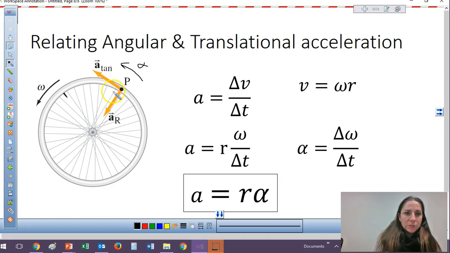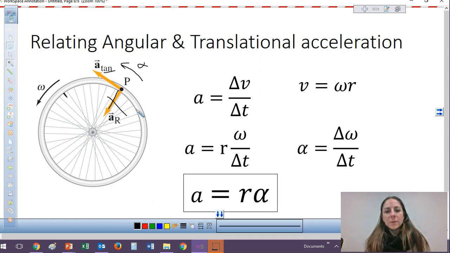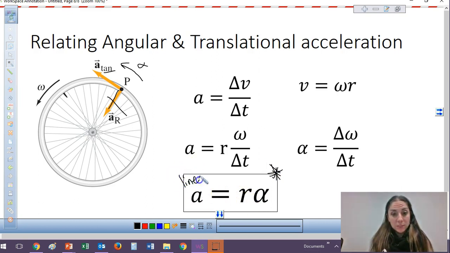Don't worry about these two components. Actually, this r right here that we're measuring will be the tangential one. We're not going to look at the radial one. But anyway, point being, this is the most important point here. This is what you need to recall, that if you want linear acceleration, we'll use this a lot. You can get it by finding the angular acceleration times r, just like this.